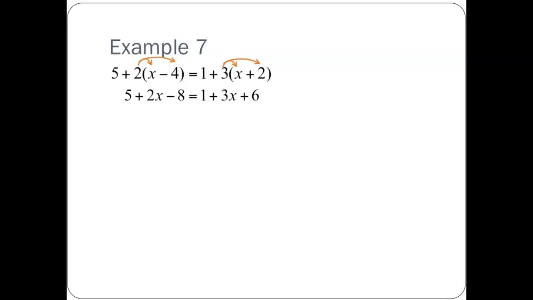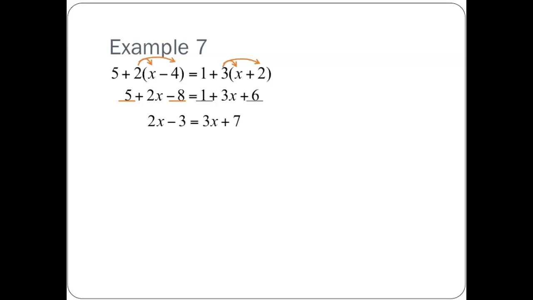And then let's see what like terms we have on either side to combine. So the 5 and the minus 8 can be combined, and then on the other side, the 1 and the 6 can be combined. Now I'm just going to combine things on the same side. So the 5 and the minus 8 ends up being minus 3, so 2x minus 3 on the left, and we'll add the 1 and the 6 together, so we have 3x plus 7 on the right.